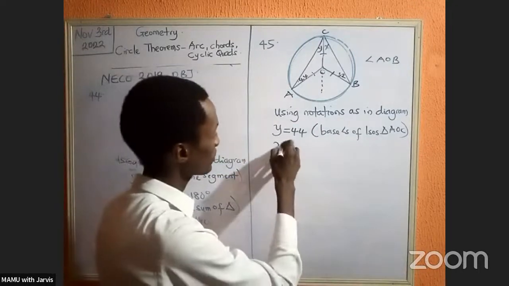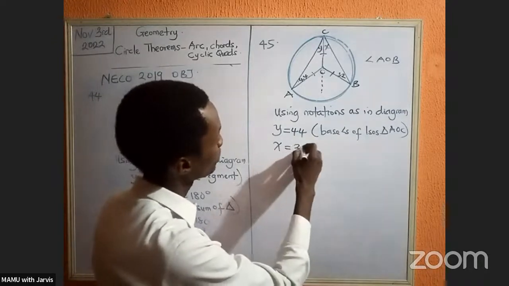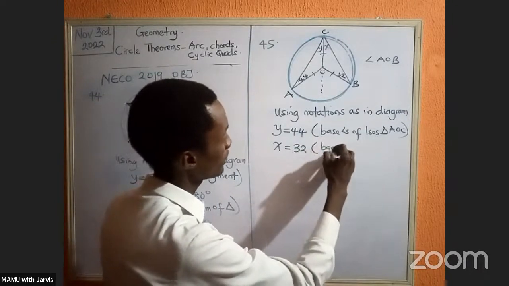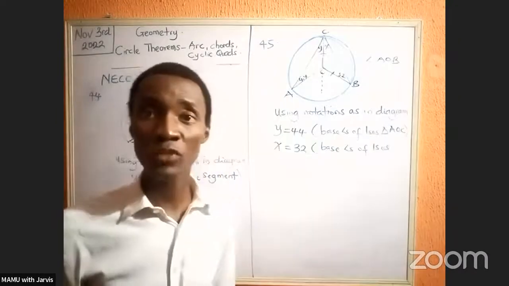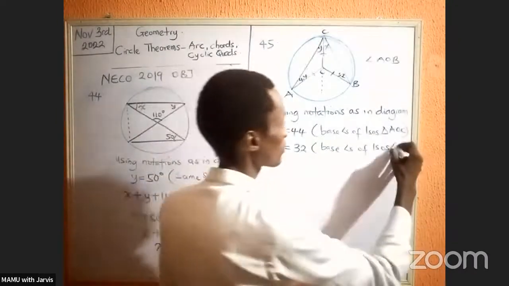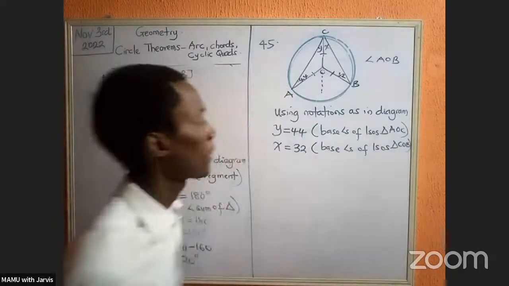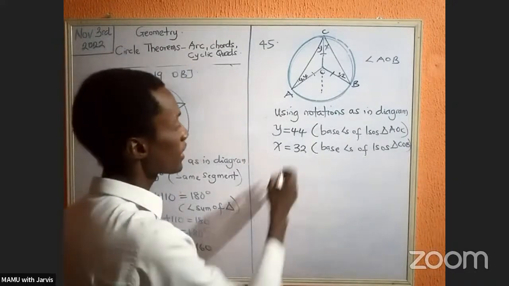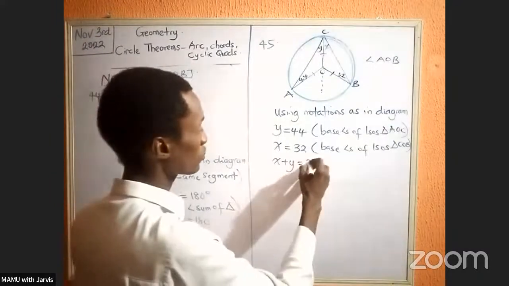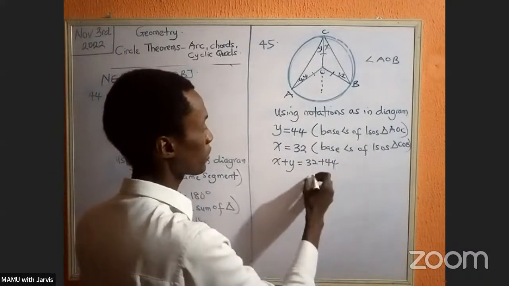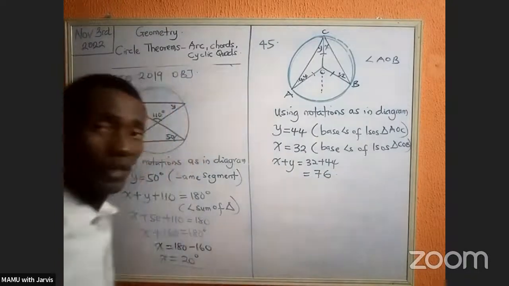Also, X will be equal to 32, base angles of isosceles triangle COB. Now, X plus Y from this description will be equal to 32 plus 44, which will give me 76, if I've done my maths correctly.